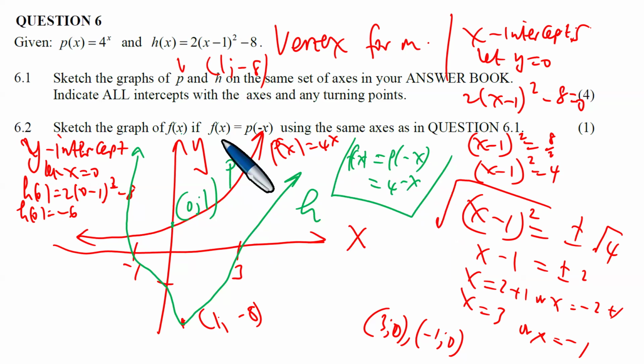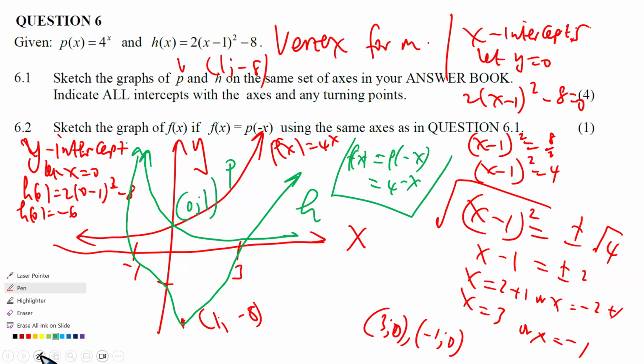If the power is negative, the graph is going to start from the left and proceed to the right. This new graph is nothing other than the graph of the p of x function reflected, so it is f of x equals p of minus x.